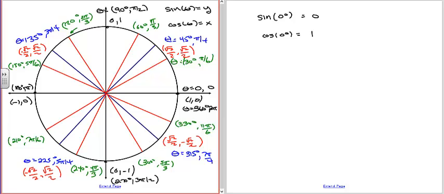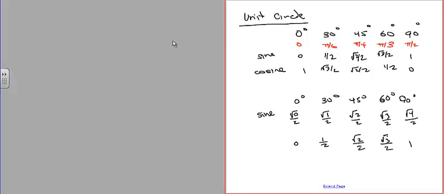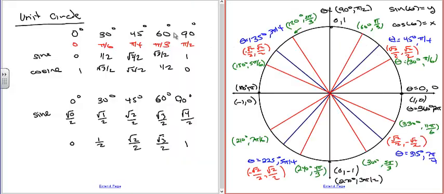And then finally, these are the angles, you need to have the coordinates. So again, we could go back here. The sine of 30 degrees is 1/2, so that's the y coordinate. The cosine is the x coordinate, square root of 3 over 2. So we can go here, and I'm going to write it in green.